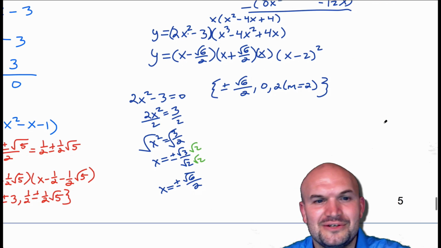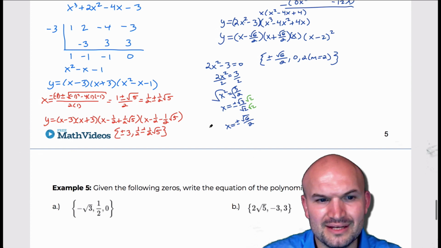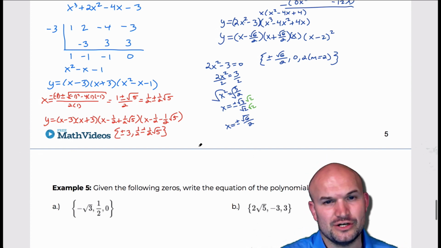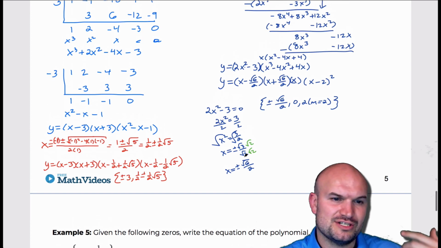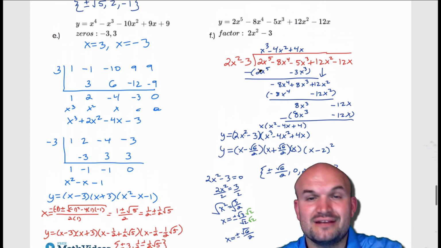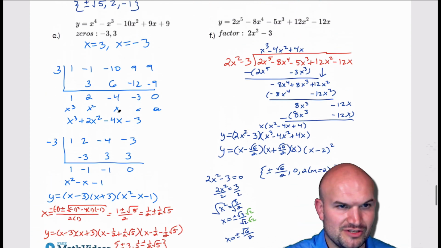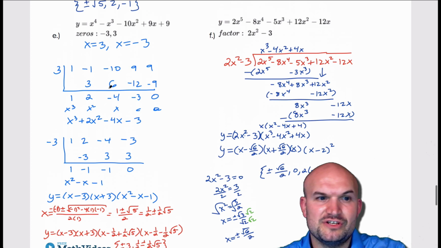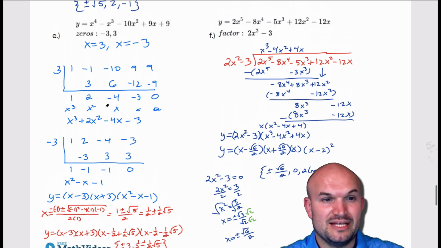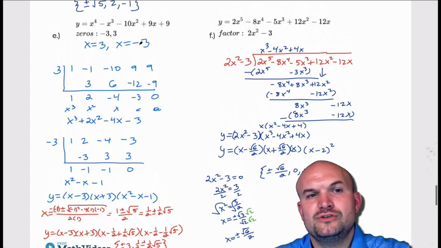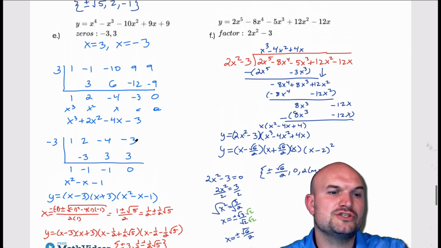All right, so there you go, ladies and gentlemen. That's at least how you find the zeros when given a zero or a factor. And I think it's important to remind you that sometimes long division is the best, sometimes synthetic division is the best. If you have synthetic division and you get a quotient that you can't further solve, then look to use another zero to further divide it.